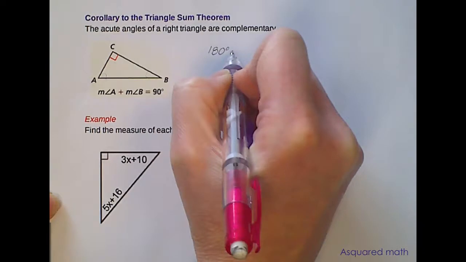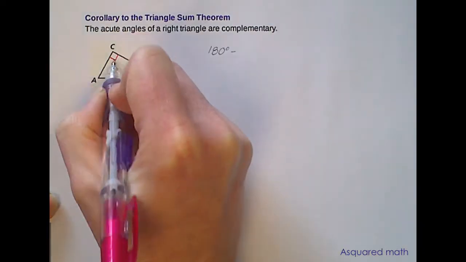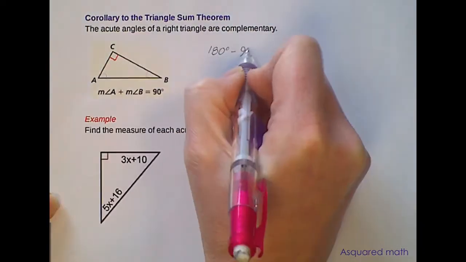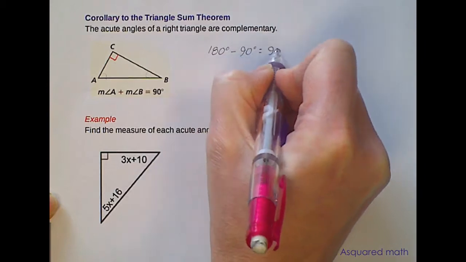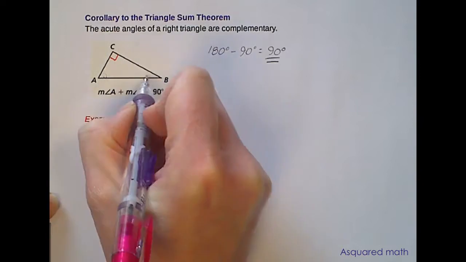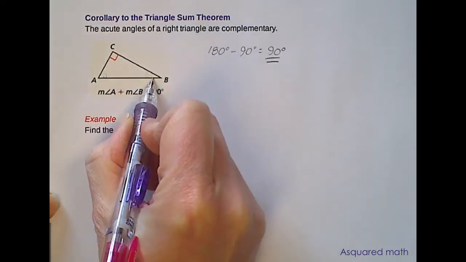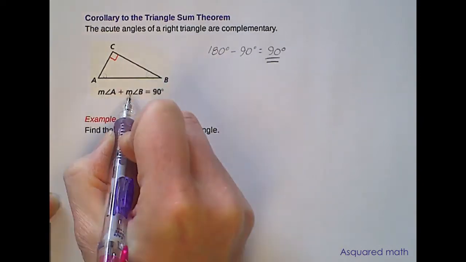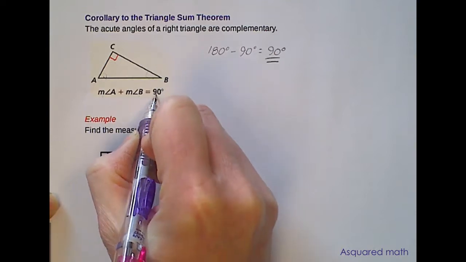If we take away the right angle, which has a measure of 90, we're left with 90 degrees. The remaining two angles have to add up to 90 degrees because that's all we have left to work with. So the measure of angle A plus the measure of angle B equals 90 degrees.